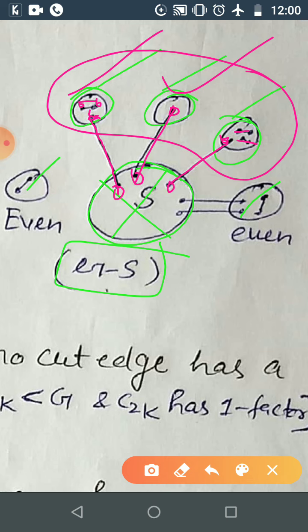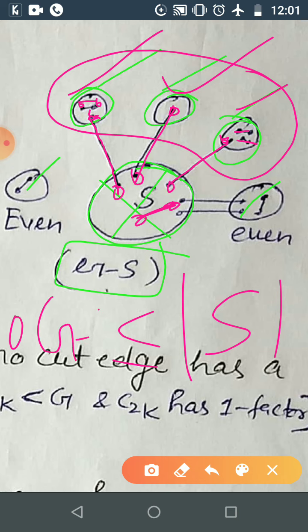At least equal to the number of odd components, correct? It may have some more vertices in S, which are matched in S only. So the cardinality of S will be at least the number of odd components of G minus S, correct?